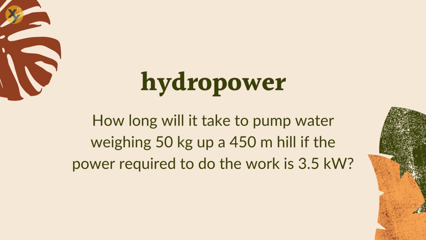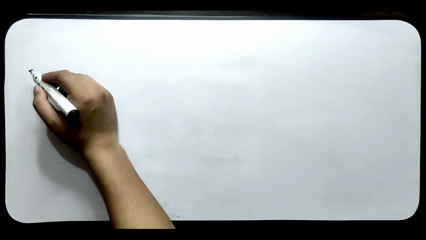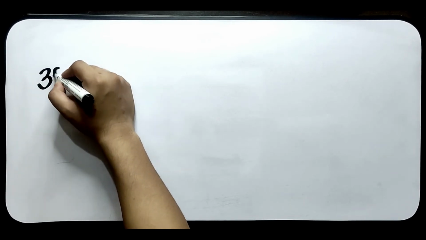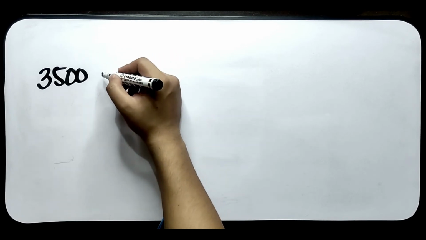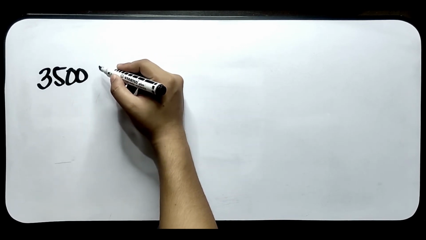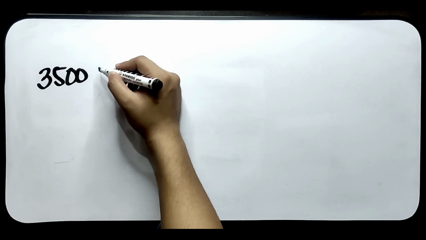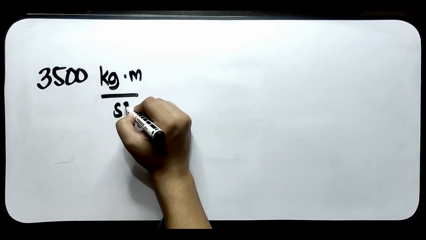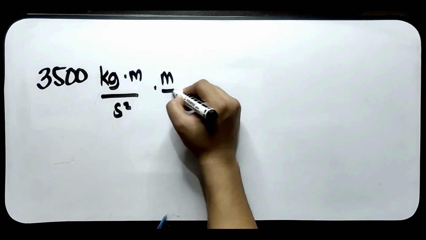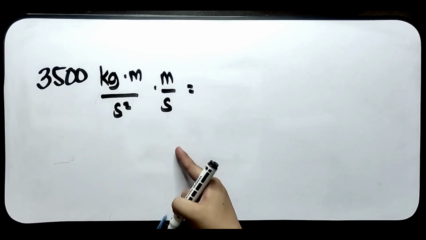Given ang power, which is 3,500 watts. Or yung watts, basagin natin, gawin natin Newton meter per second, or basagin pa natin, magiging kilogram meter per second squared times meter per second. So, etong buong to is watts.